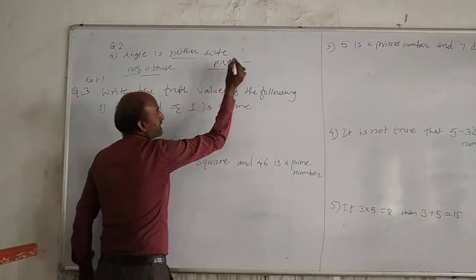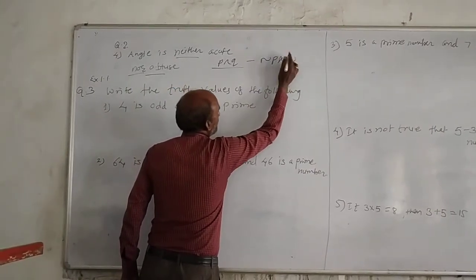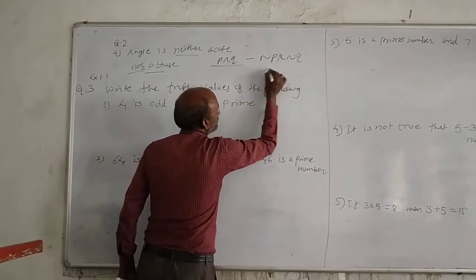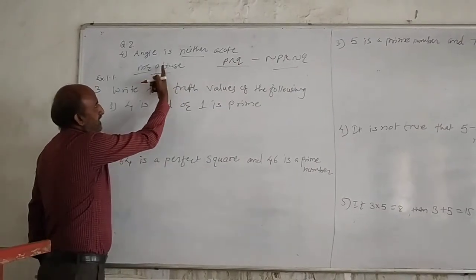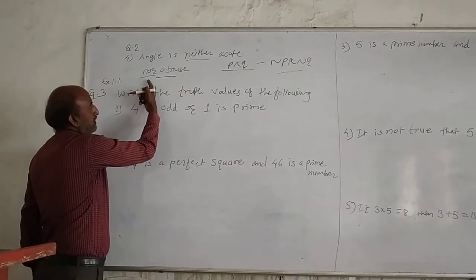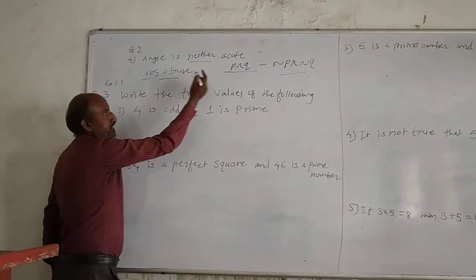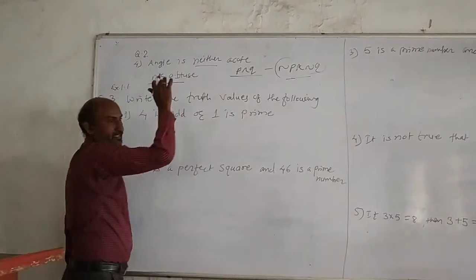Consider this as negation of P and negation of Q. Keep it in your mind. In the previous lecture, the last explanation was that the angle is neither acute nor obtuse. You have to write its symbolic form.